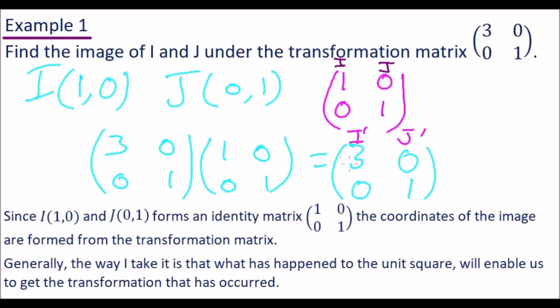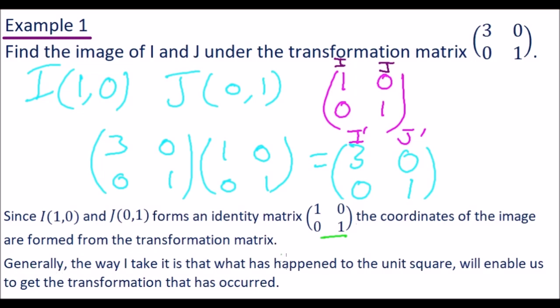Now, from what we have seen, the transformation matrix actually forms the image. So we can conclude, since I (1, 0) and J (0, 1) form an identity matrix, the coordinates of the image are formed from the transformation matrix.